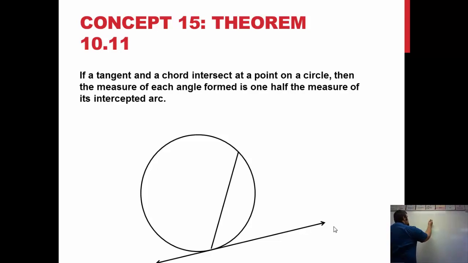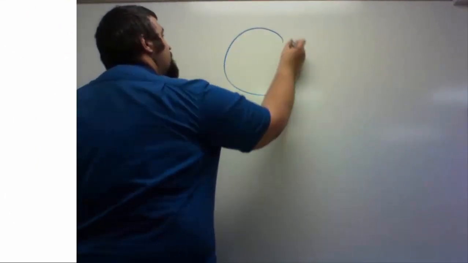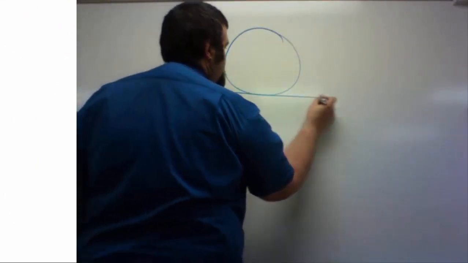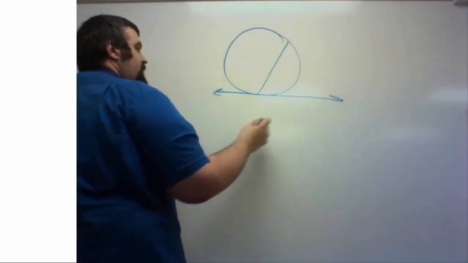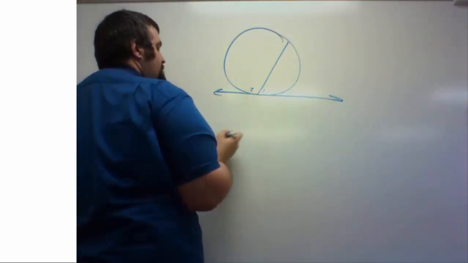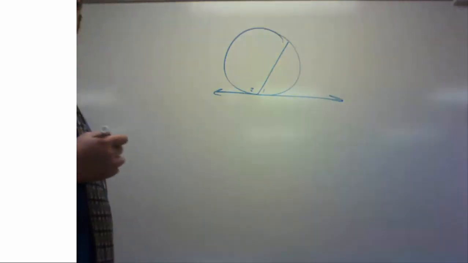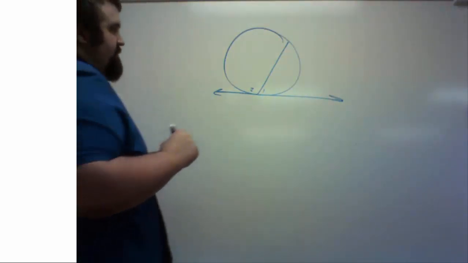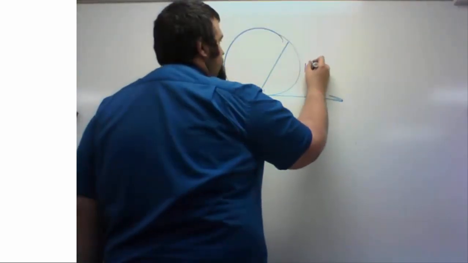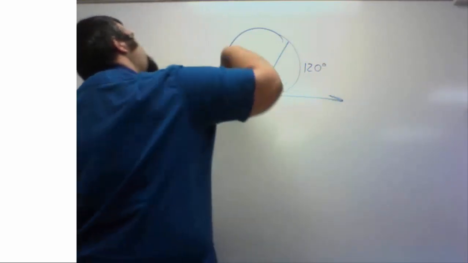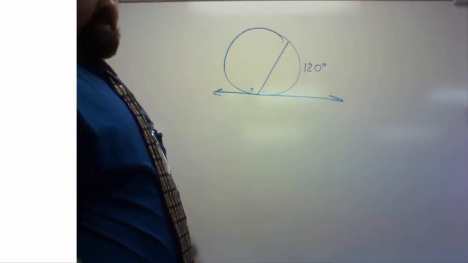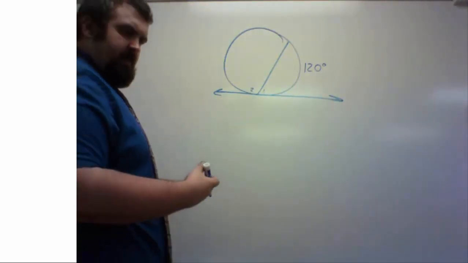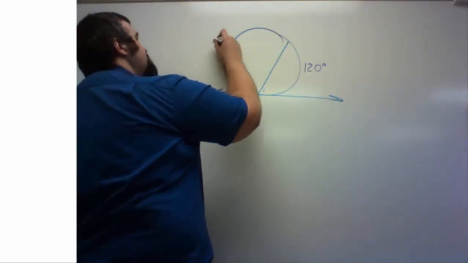So if I have a picture like this, and I have a tangent here and a chord here, angle 1 and angle 2 here. If I know either arc measure, let's say this one here is 120 degrees, what's the other big arc measure? If that's 120, the remainder of the circle is 360 minus 120, so this is 240.